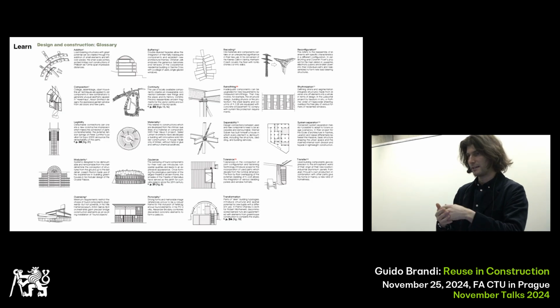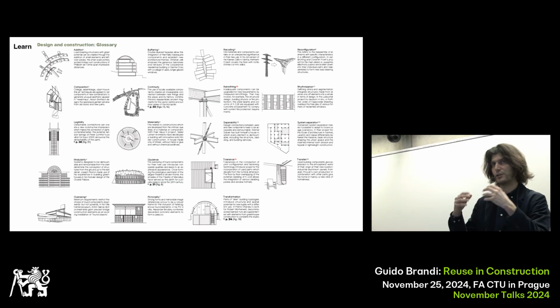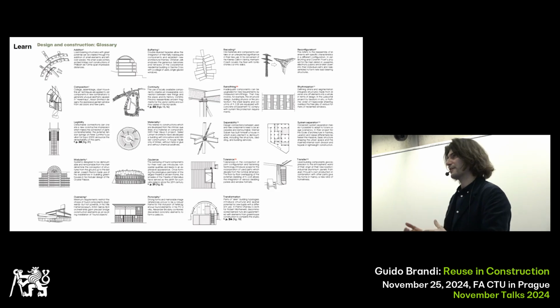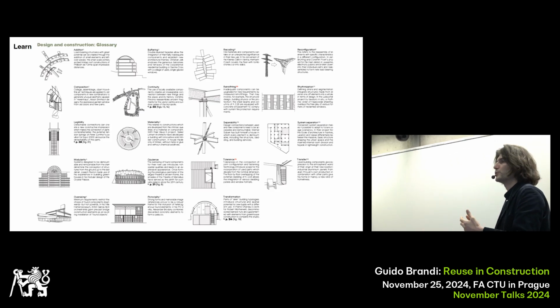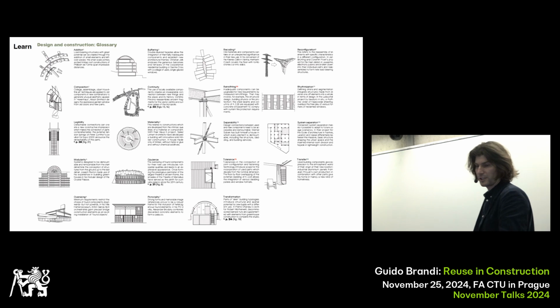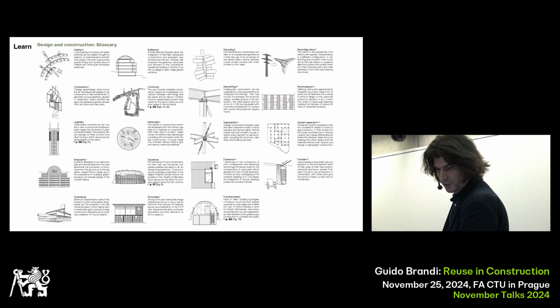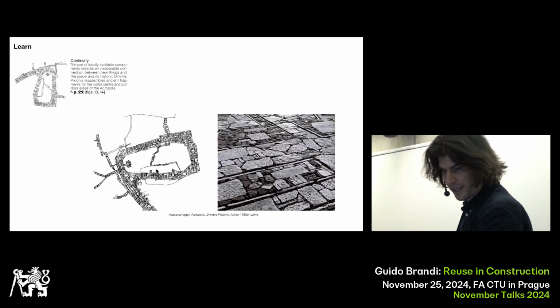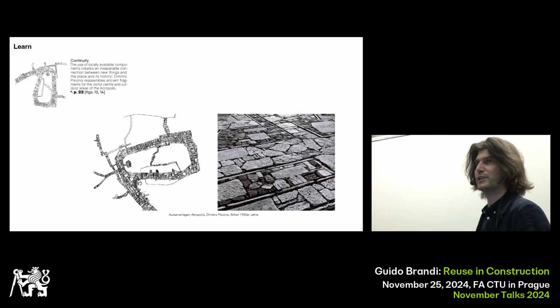So to create an alphabet, a glossary of different strategies to use when we think about circular construction and reuse. So I will go through some of them. Or for example, continuity.